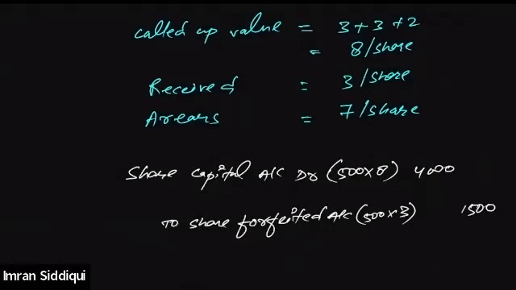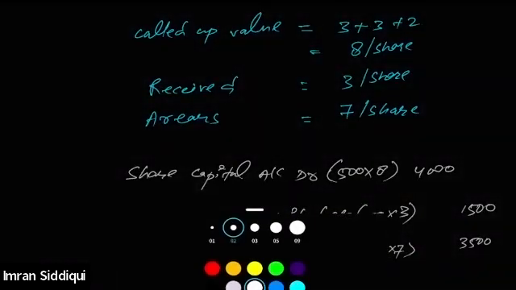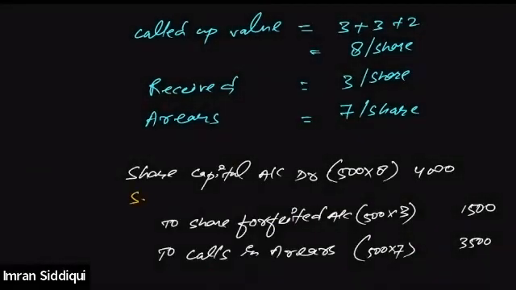Yes, sir. Okay, and then to calls in arrears, 7 rupees, right? 500 into 7, 3,500. And obviously, you can see there is a difference of 1,000. So the difference will be debited to securities premium reserve.